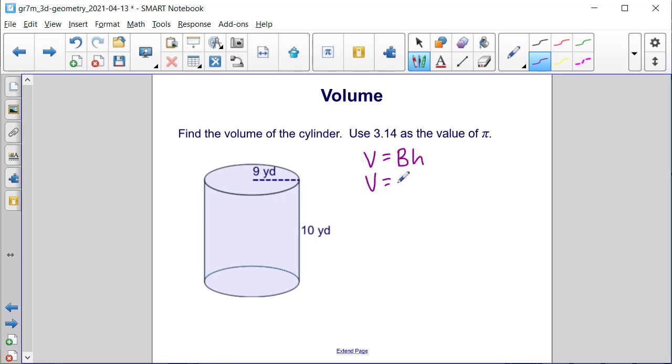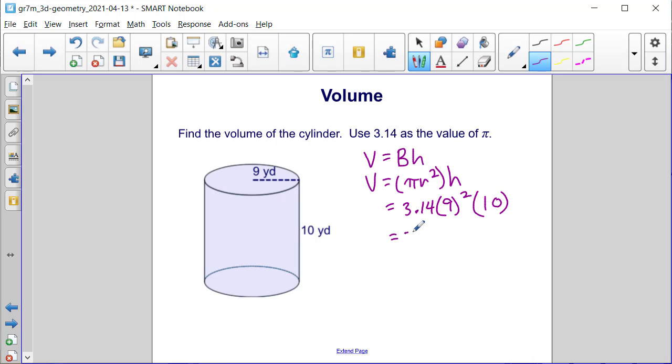So the area of a circle is always pi times the radius squared. And we still have the height that we're dropping down. So now we have these values in our diagram, and let's fill them in. So we have 3.14 that the question tells us to use for pi. The radius is 9, and we're going to square that, and the height is 10.